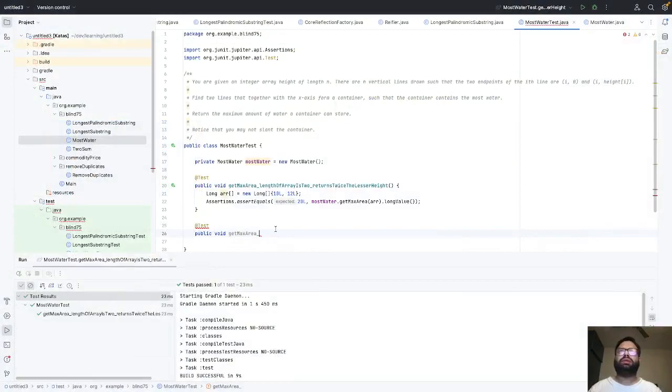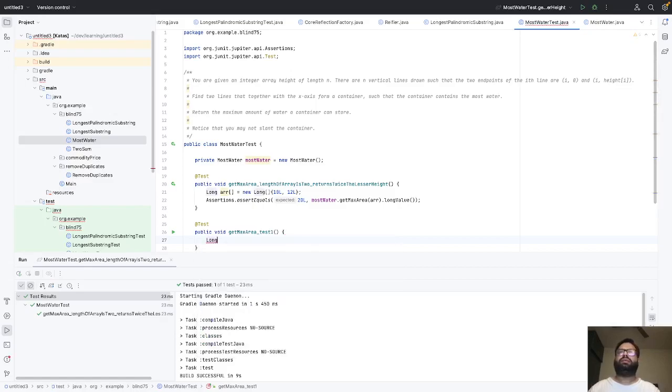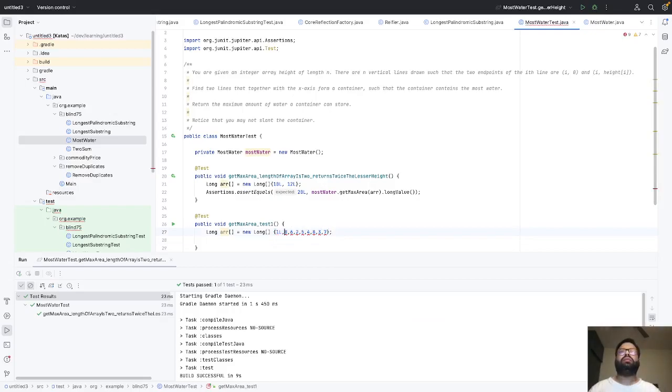Let's go with this input. Test. What should be the answer in this?